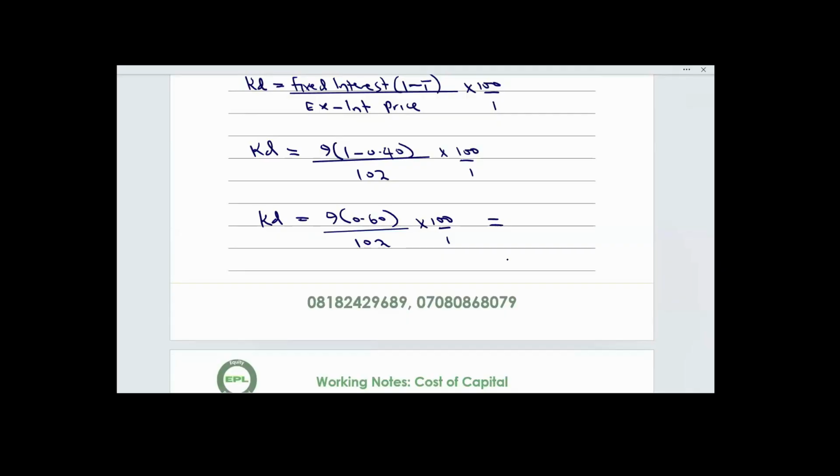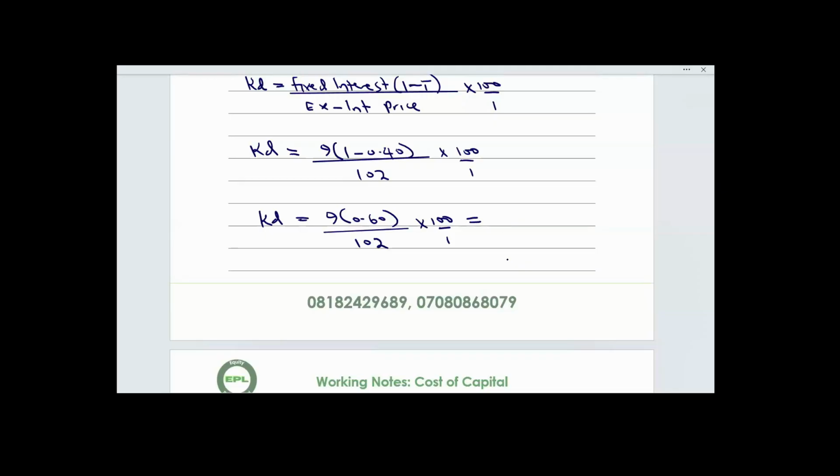9 multiplied by 0.6 divided by 102. Yes? 8.5. 8.5. Are you sure? Do it again. 9 multiplied by 0.6, 5.4. Divided by 102, 5.3 approximately.